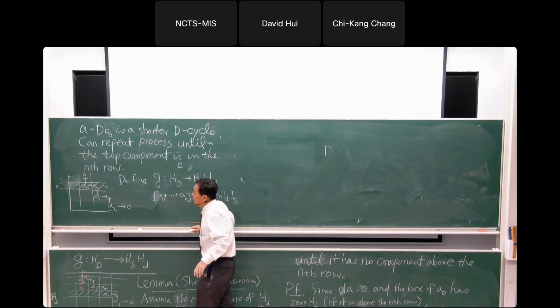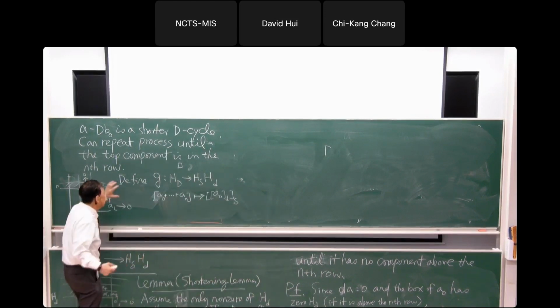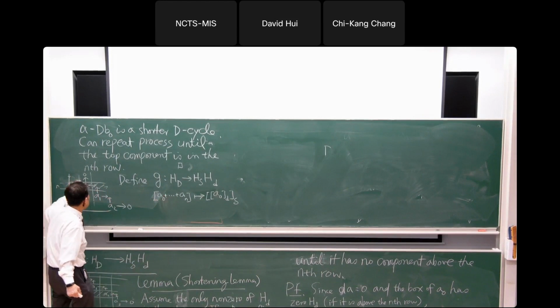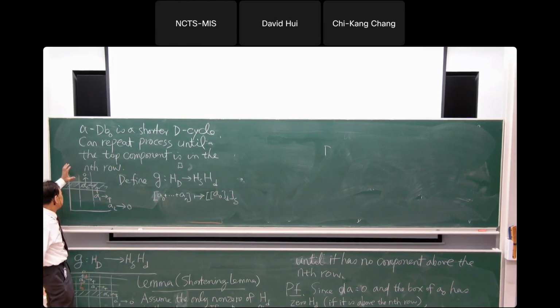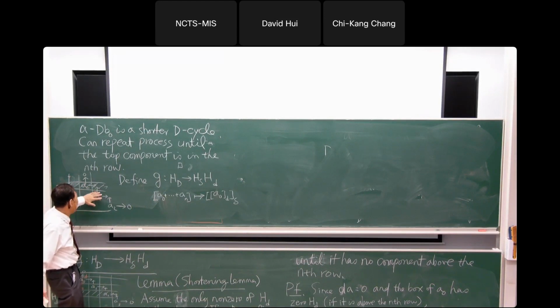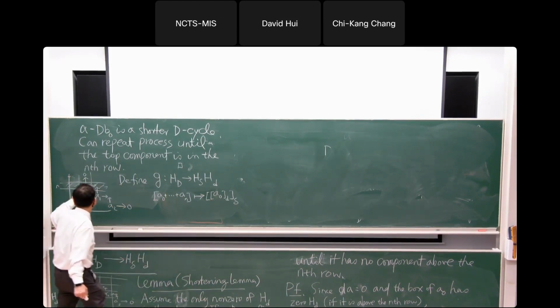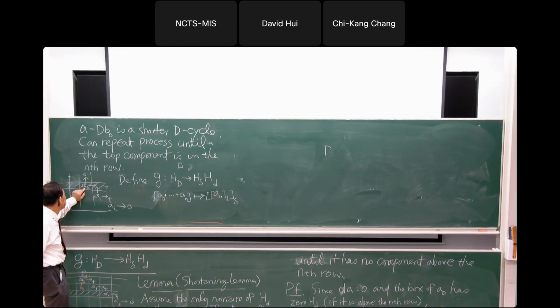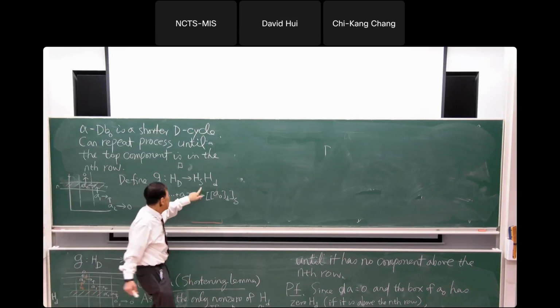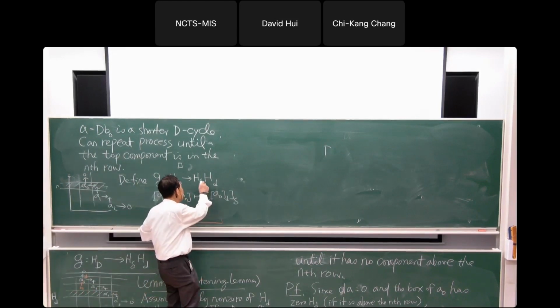You take a big D cocycle, and by the lemma we just proved, you can assume that it starts in the nth row, and you just cut off everything else. And this top component, because it has a zigzag like this, defines a delta D cohomology class.